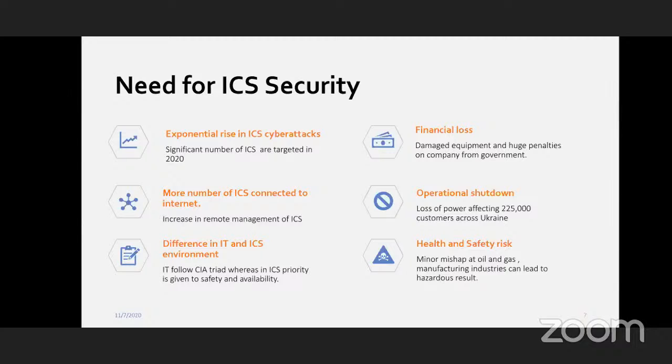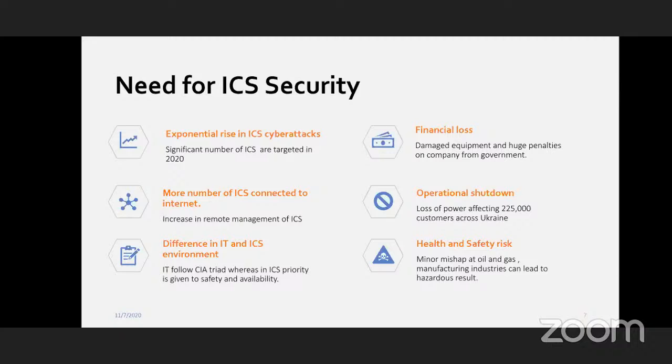A successful attack on ICS can lead to operational downtime and have severe consequences. One such example is the cyber attack on the Ukraine power grid, which caused a blackout and affected around 225,000 customers. There is also a health and safety risk associated with a cyber attack, because ICS are used in oil and gas refineries and manufacturing industries, and a minor mishap can endanger human life.